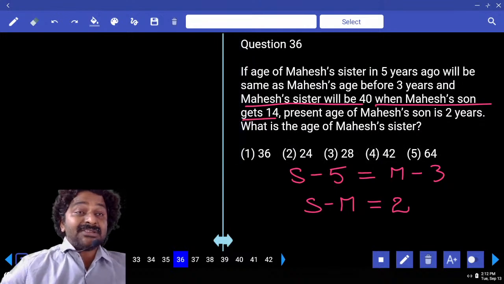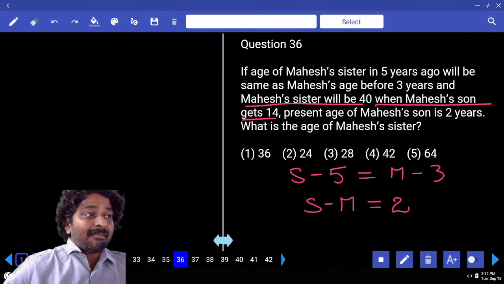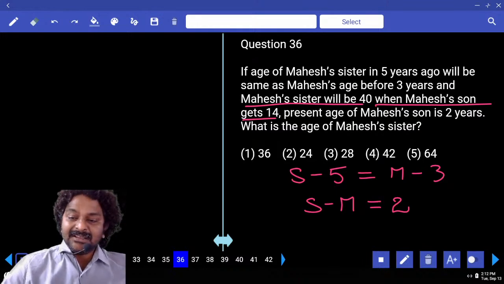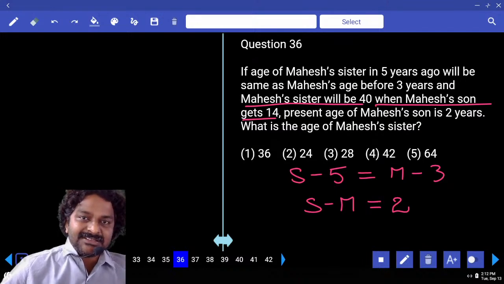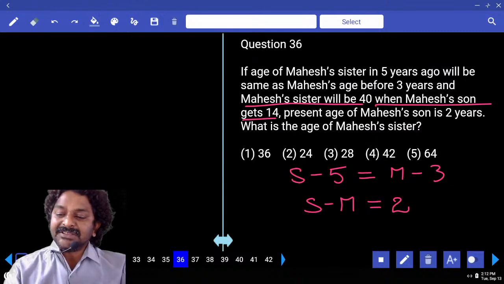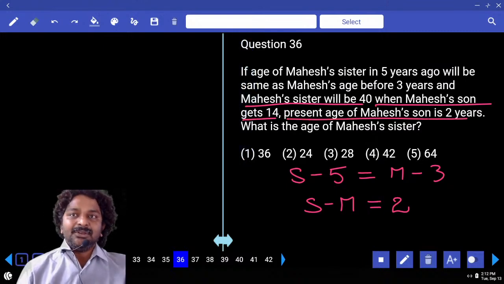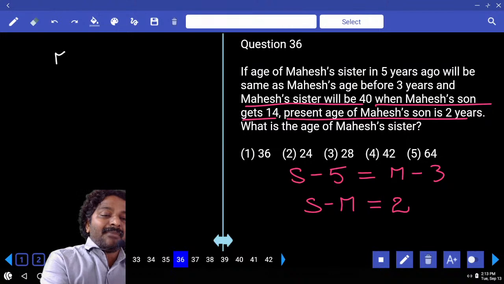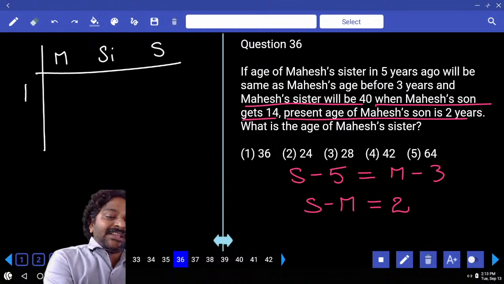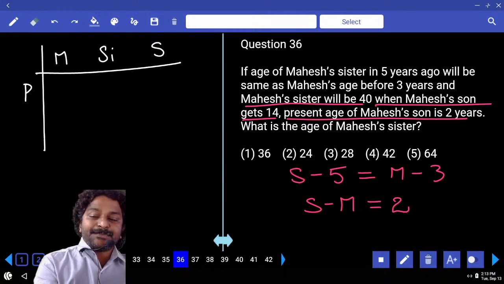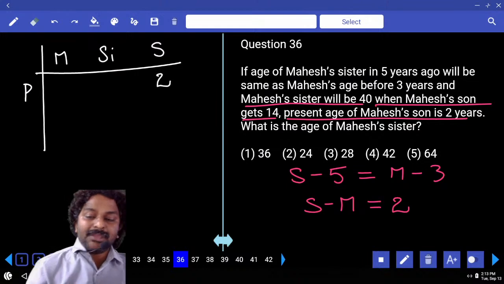The difference between Mahesh's son and Mahesh's sister we can calculate. Yes. The present age of Mahesh's son is 2 years. We have Mahesh, Mahesh's sister and Mahesh's son. The present age of the son is already given. How much is it? 2 years.